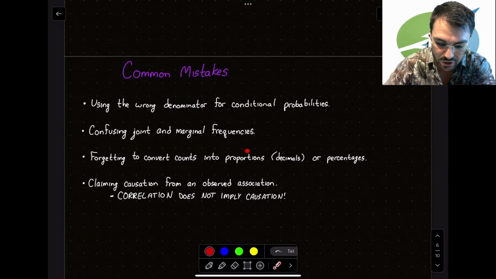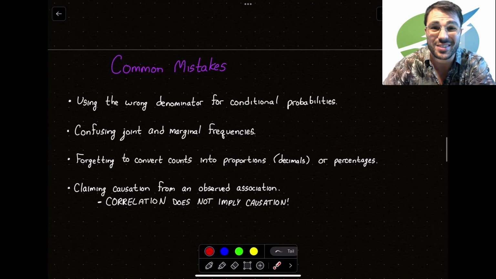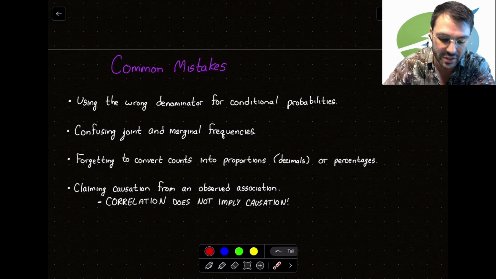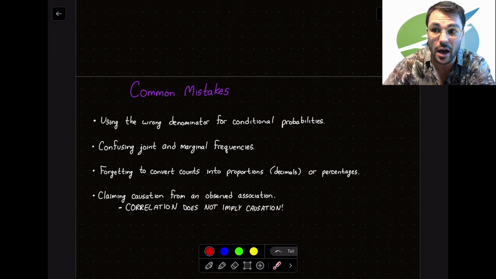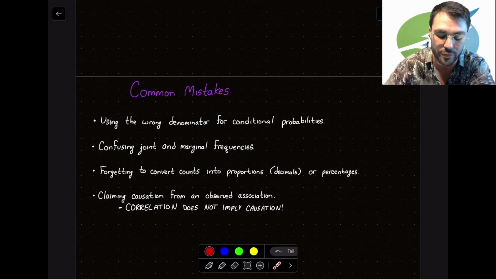Forgetting to convert counts into proportions, decimals, or percentages. Statistics is the only course you will ever hear me say this: in statistics, we always want our answers in decimals or percentages. In every other math class ever, fractions are far superior, but when we're dealing with stats, we want decimals or percentages because typically we're talking about percentage of information.